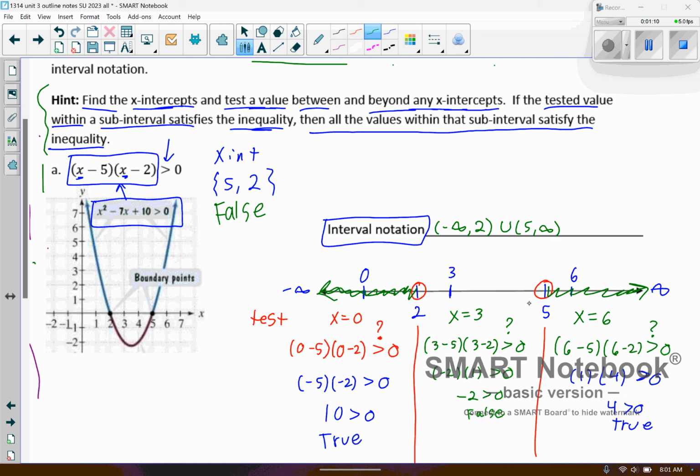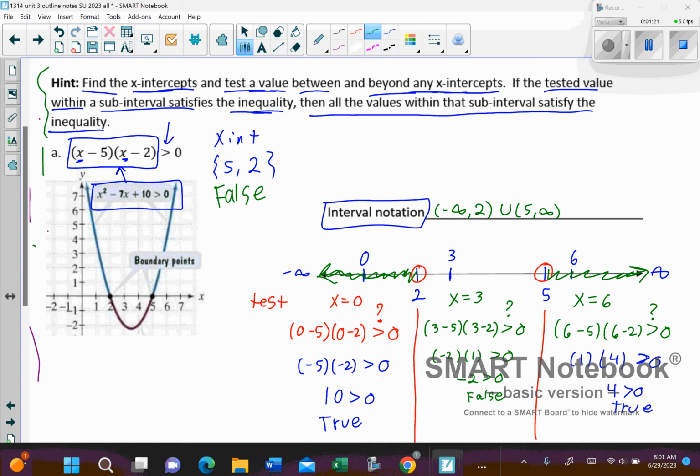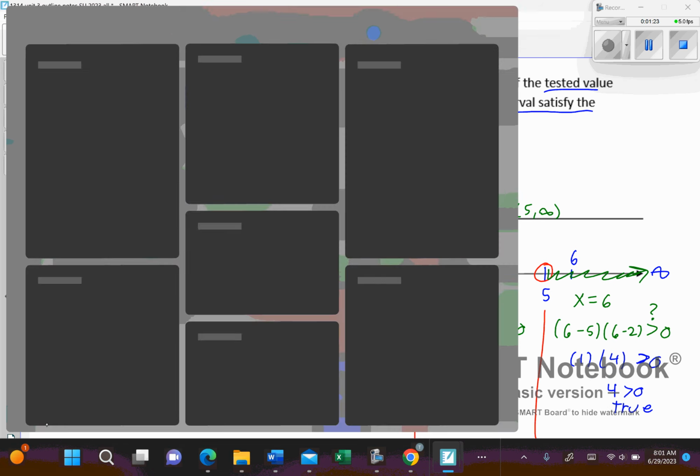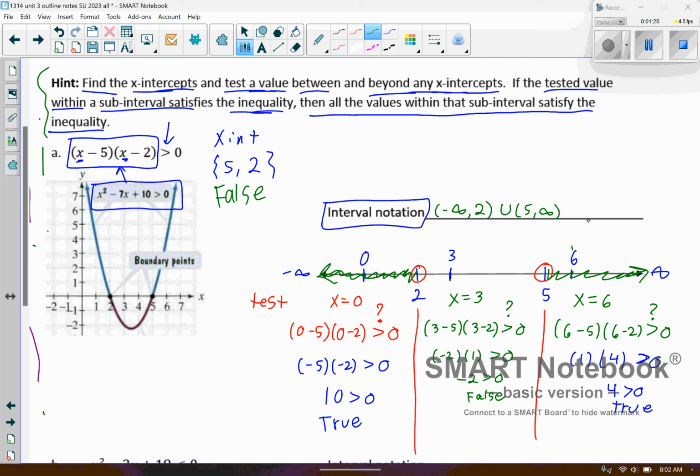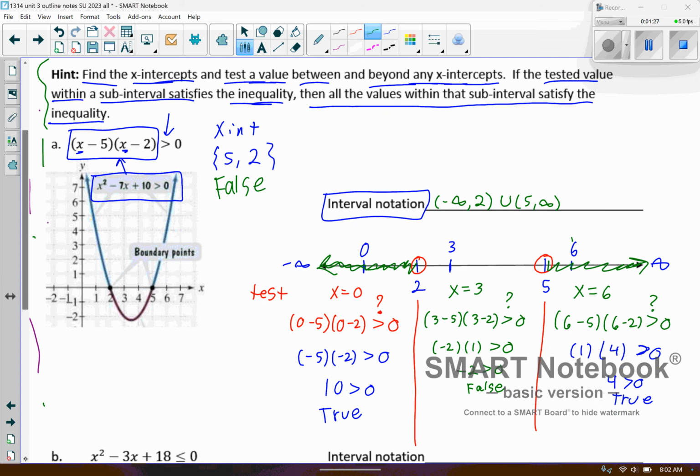You test those points, and if they come back true, that means all the points inside that interval are true. If it comes back false, all the points inside that interval are false. This is what we got on our first solution set here.